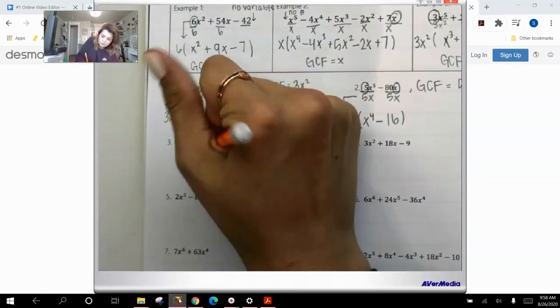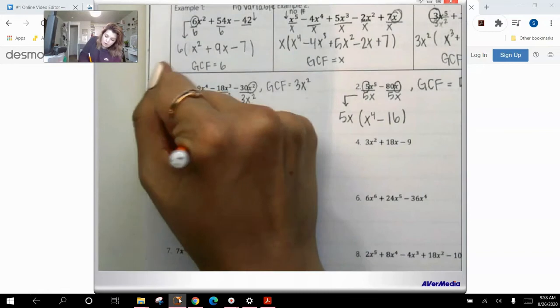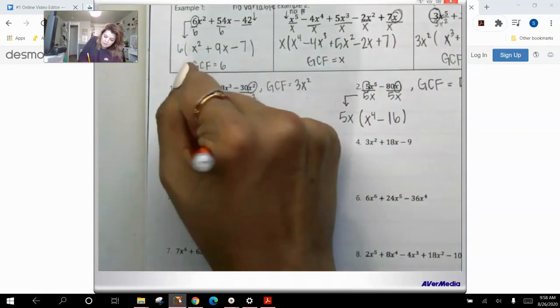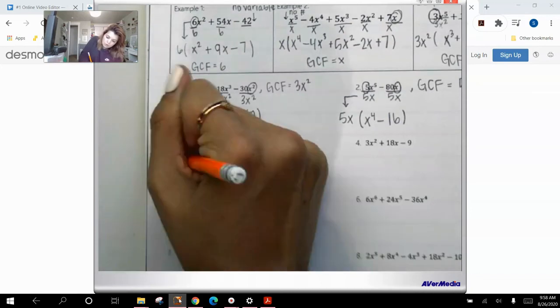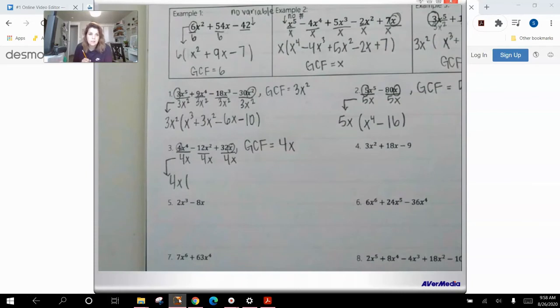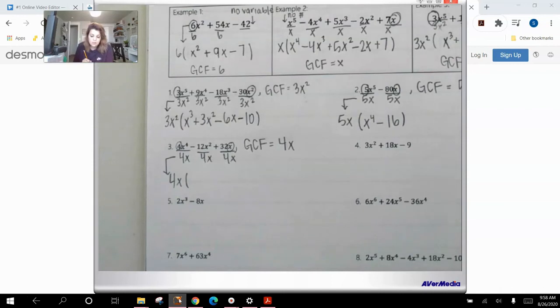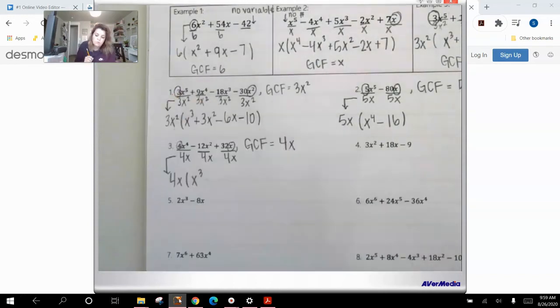We've circled the first and the last, which means you're going to divide all 3 terms by 4x and you are going to make sure to write 4x outside of the parentheses. Your first term, see if you know what it is. You should have x cubed.